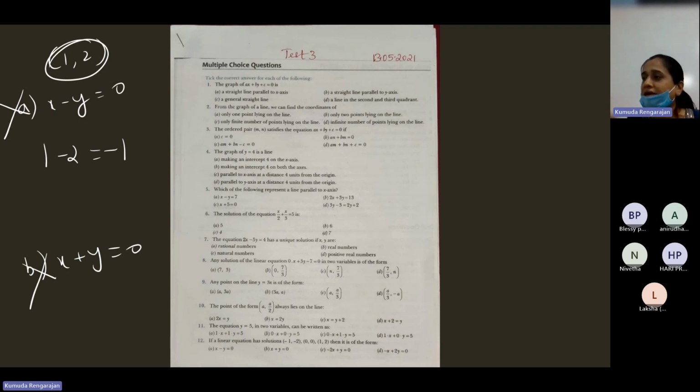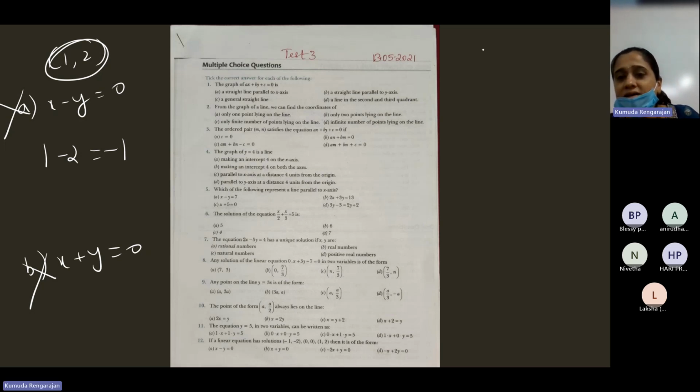x minus y is equal to 0 means x coordinate minus y coordinate is 0. Then x plus y is equal to 0 means x coordinate plus the y coordinate is 0. When will x coordinate plus y coordinate be 0? They should be negatives of one another: plus 5, minus 5; plus 1, minus 1.